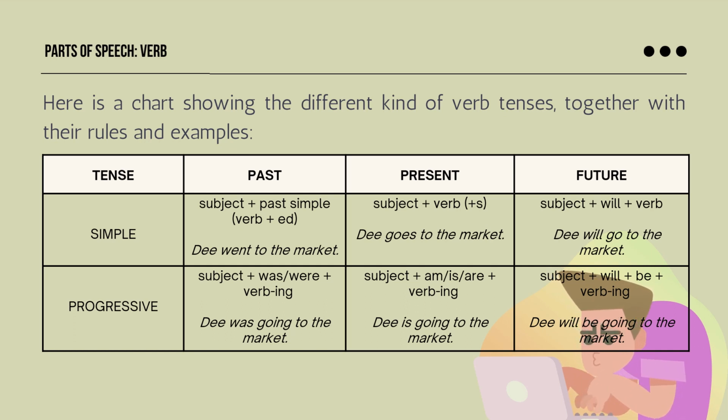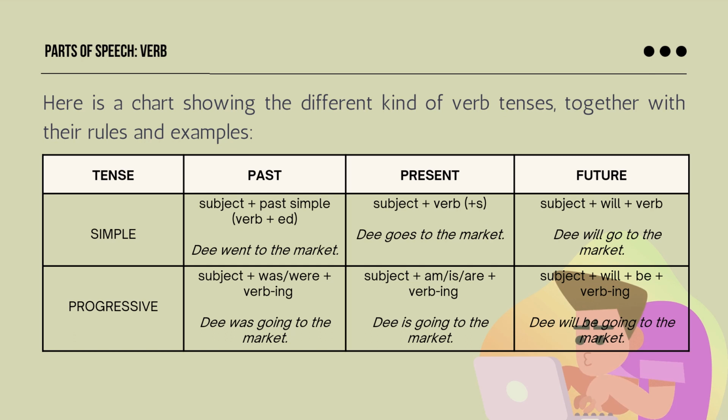Moving on to the progressive tense. The rule for the past tense is subject plus was or were plus verb-ing, meaning the verb plus the suffix -ing. For the present tense, the rule is subject plus am, is, or are plus verb-ing.